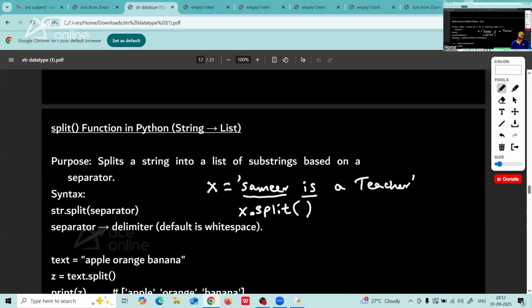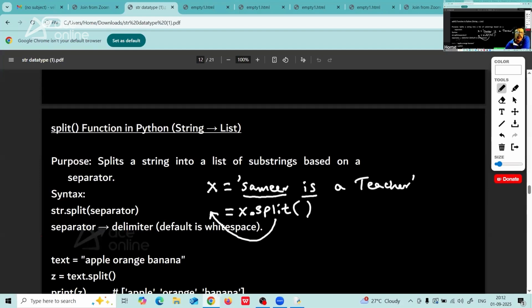Obviously, if I ask you, how many results will X dot split give? You will say it will give 4 strings. So are you understanding, when you call X dot split, there is a flood of strings coming out.